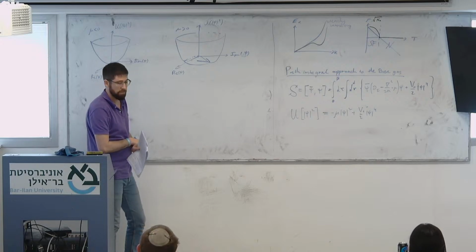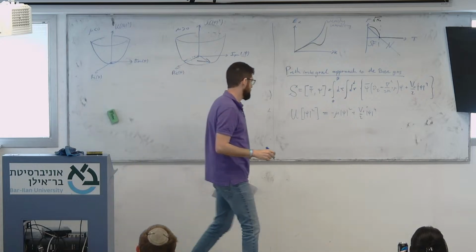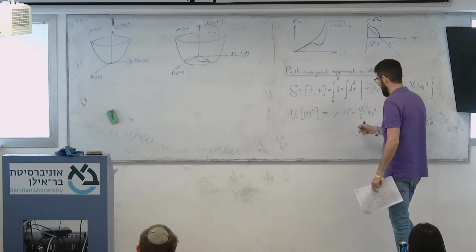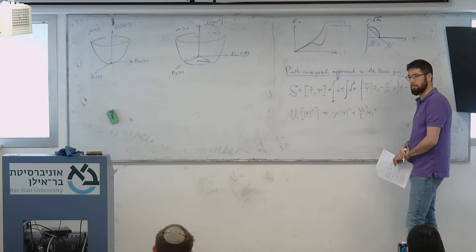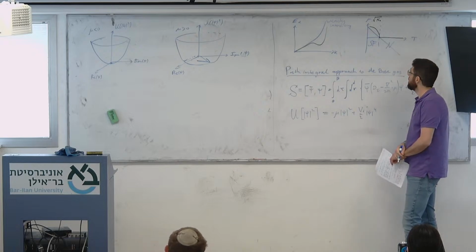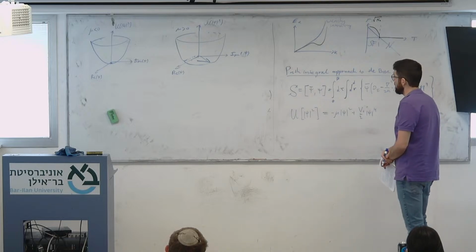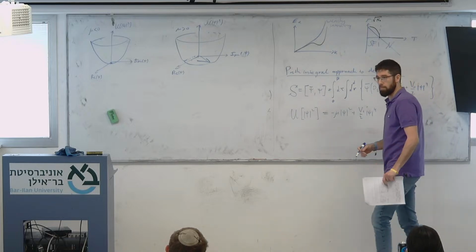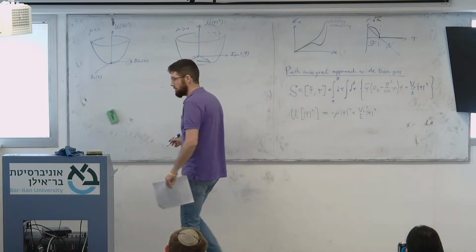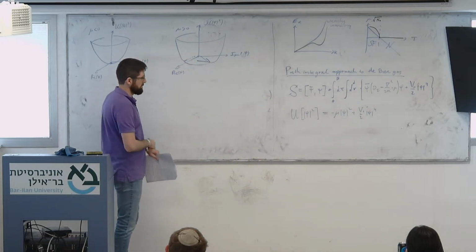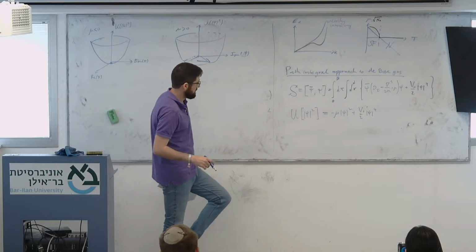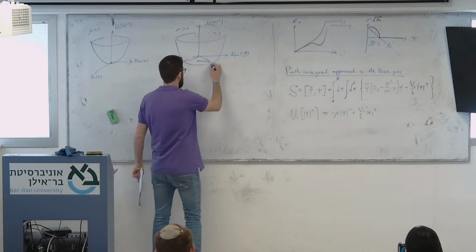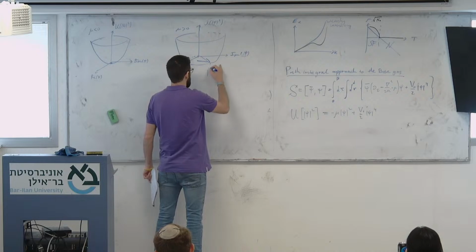The square root of mu over v0. Yes, exactly.